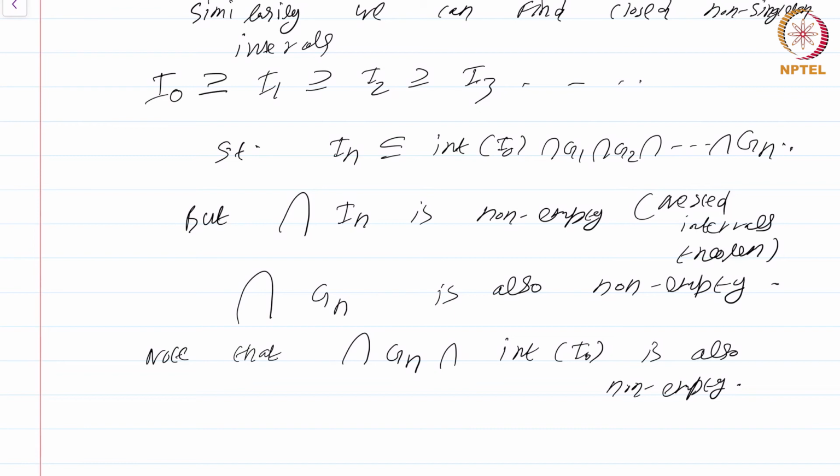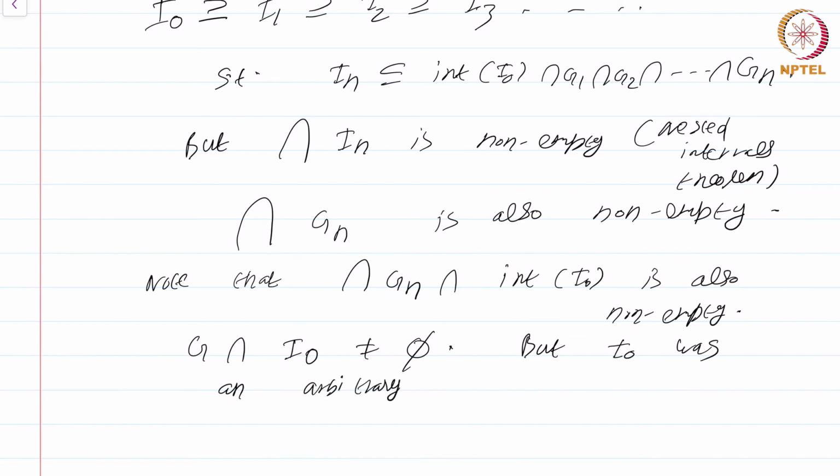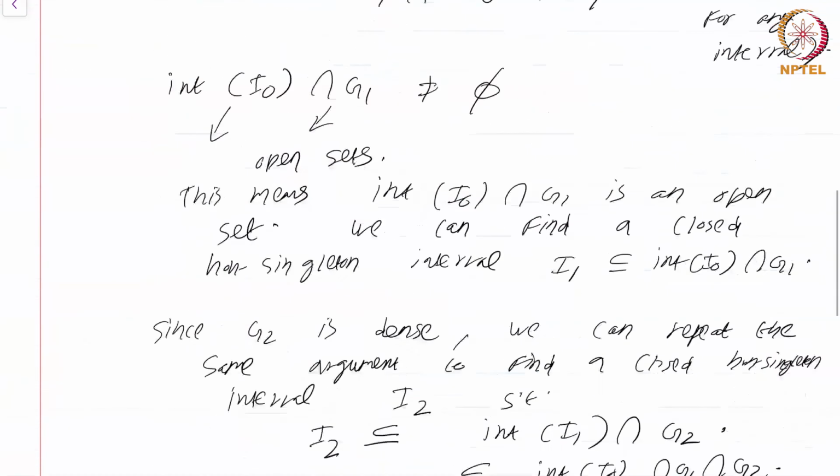That's how we had constructed these. So what we have shown is that this set G intersects I0. Okay, but I0 was an arbitrary interval, right? We didn't put any hypothesis on I0.